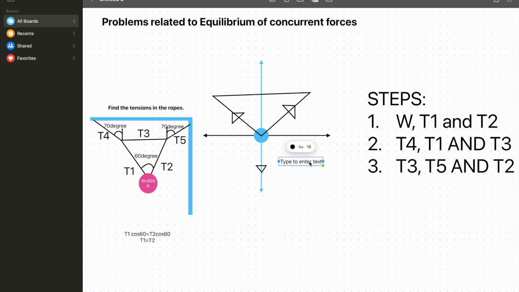Then if we take out the component at y-axis of T1 and T2 both, so T1 sine 30, they are 30 degrees along the y-axis both, so T1 sine 30 plus T2 sine 30 equals, both of the components working at the y-axis are equal to the force working at y-axis but in the opposite direction, which is 600 Newton, so equals 600.